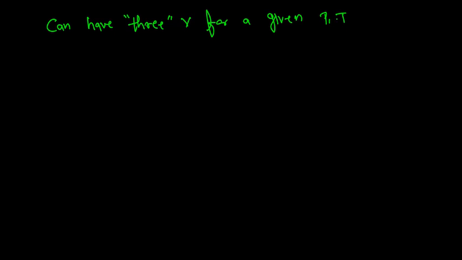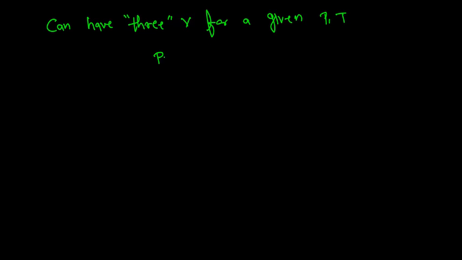And what does that mean? That means that we can have three volumes for a given P and T. Now that's strange, because if you are given a set of pressure and temperature, you would expect a unique volume.